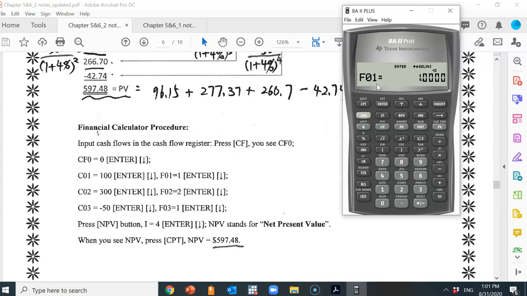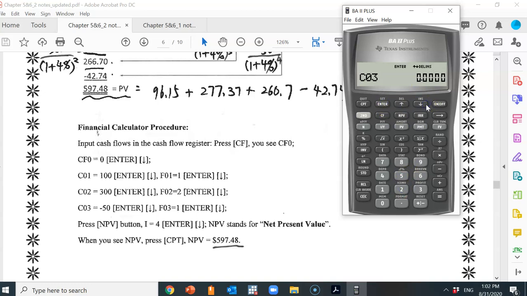We know we only have one 100, so we keep it as 1. Enter. Down button, we come to cash flow 2. The second cash flow is 300. Enter. Down button. Frequency of cash flow 2. We know we have two 300s, so I press 2, enter.